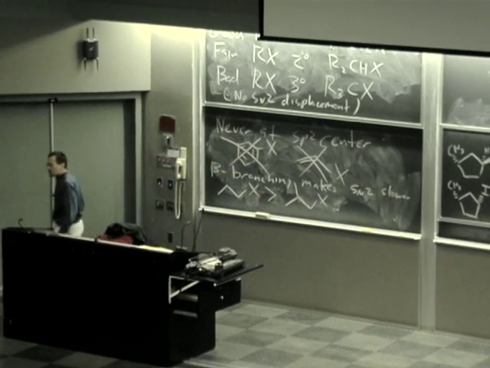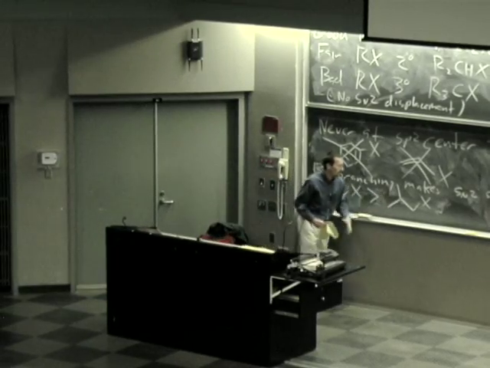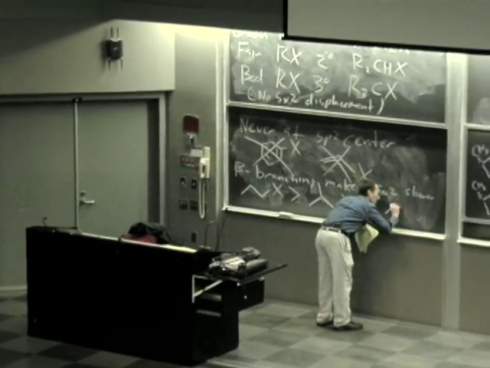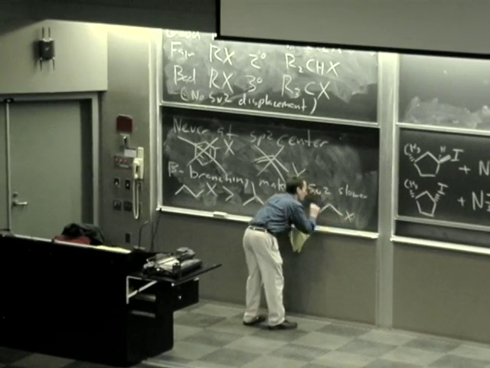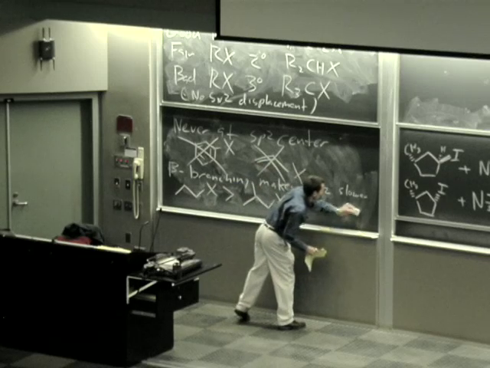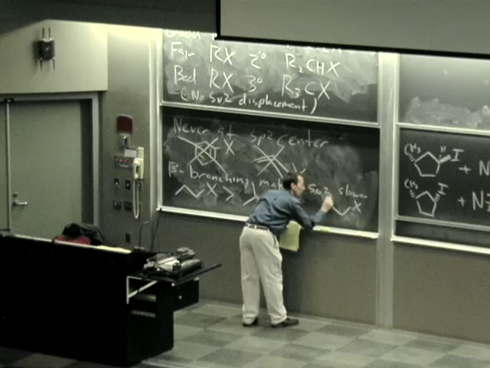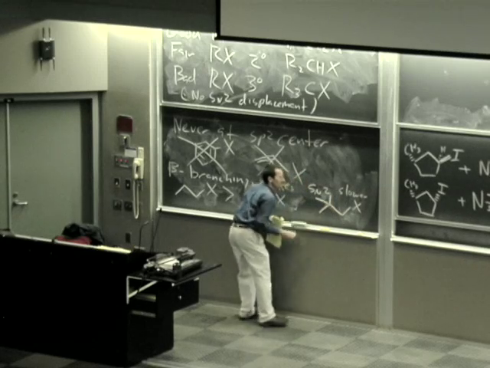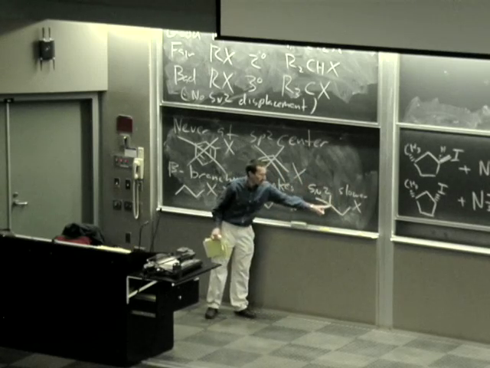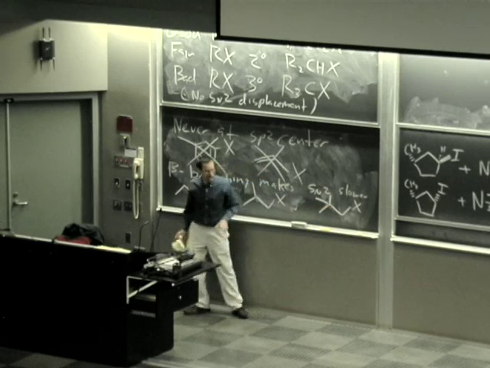And by the time we put a third beta branch, by the time we get to a neopentyl halide, so I'll go from a propyl halide and an isobutyl halide to a neopentyl halide, where now I've put 3 carbons on the beta position.